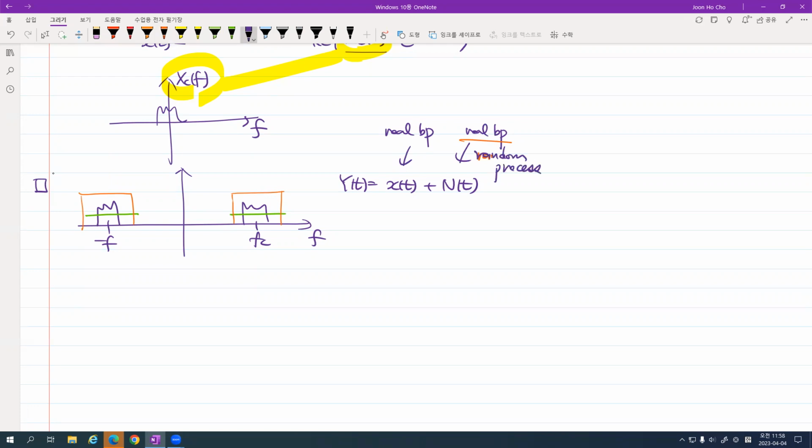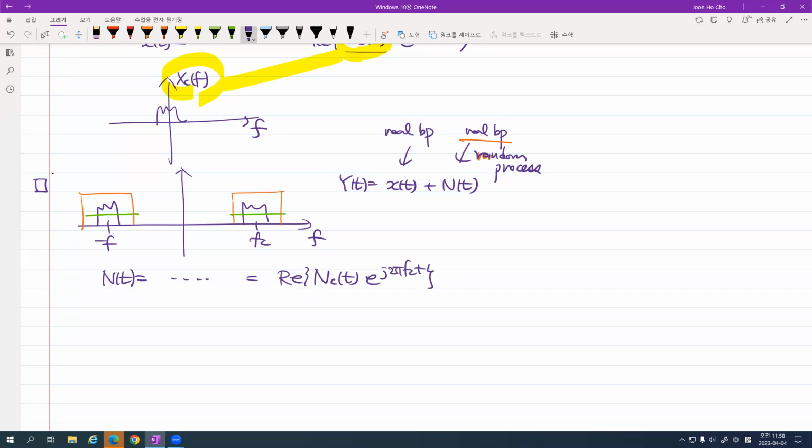But fortunately, there is no difference. Suppose we choose some nominal center frequency fc. Then we have a corresponding complex baseband random process nc(t) times a complex sinusoidal signal.